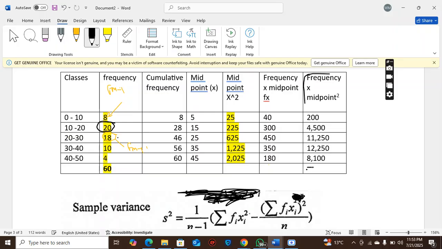What's our total here? 36,300. Yes, let's counter check, colleagues.